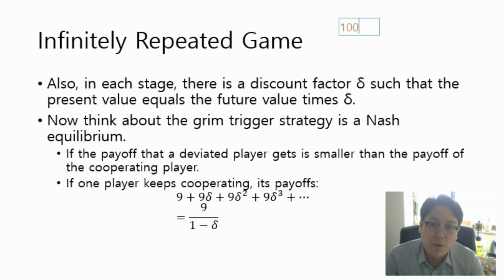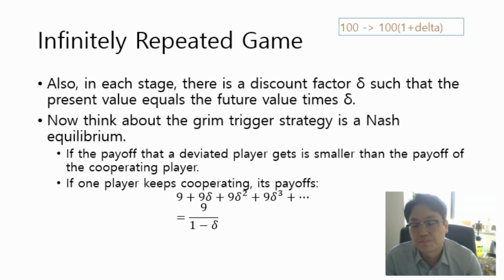If you deposit $100 in a bank, this money will be $100 times (1 plus delta). That is a future value.